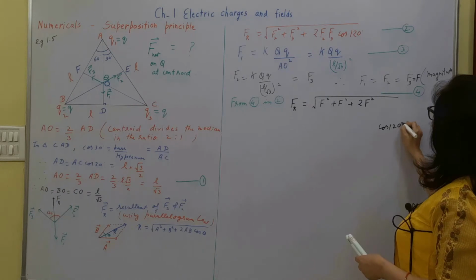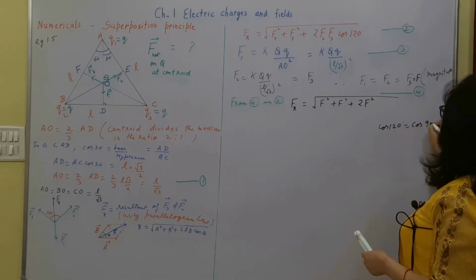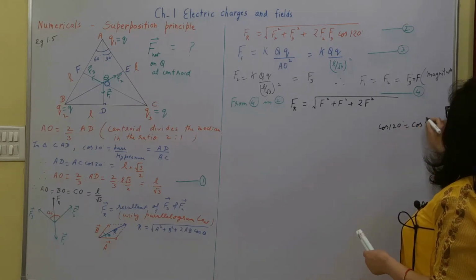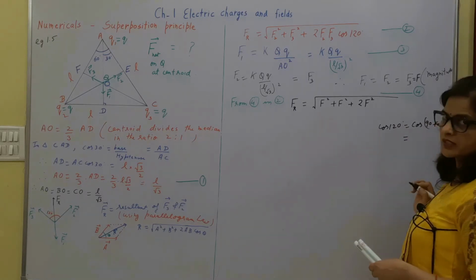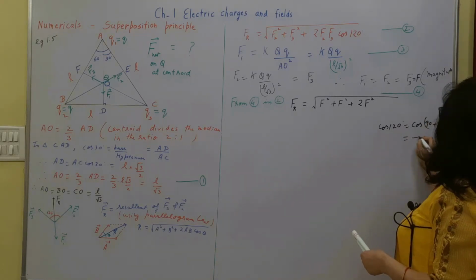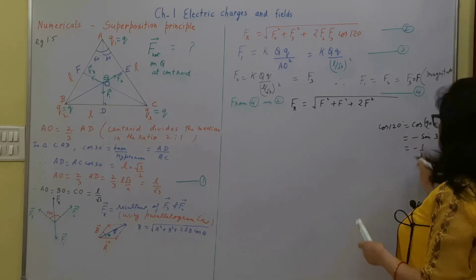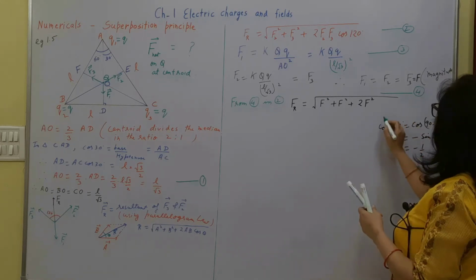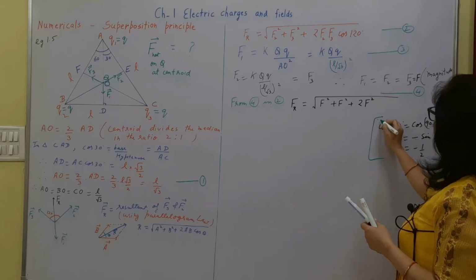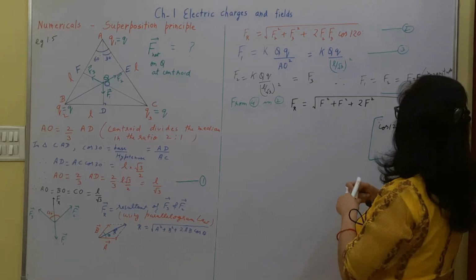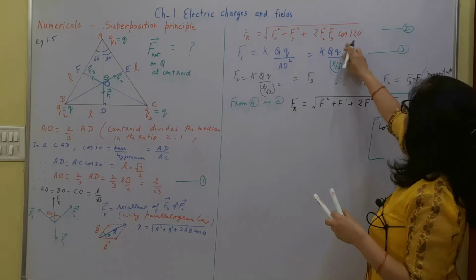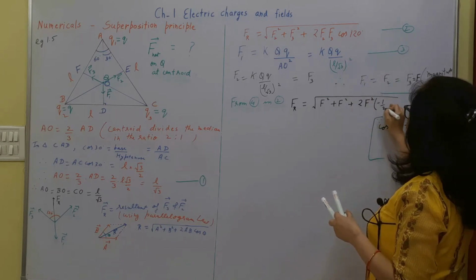Cos of 120 is equal to cos of 90 plus 30 degree, and cos 90 plus theta is minus sine theta, so this can be written as minus sine 30 degree, so this makes it minus 1 by 2, right? So in place of cos 120 I am writing minus 1 by 2.